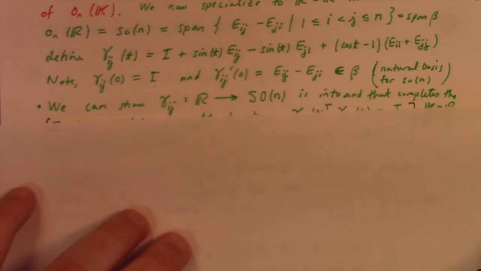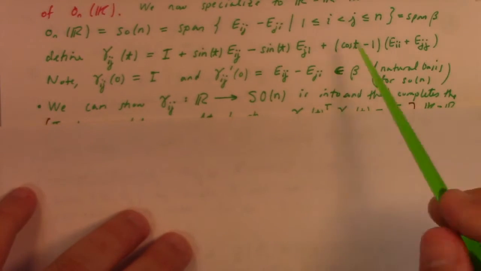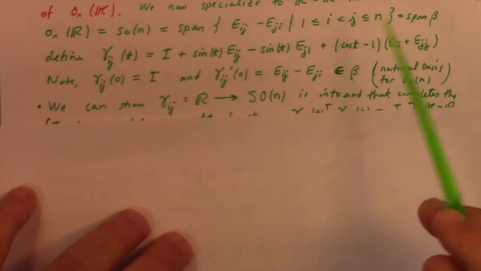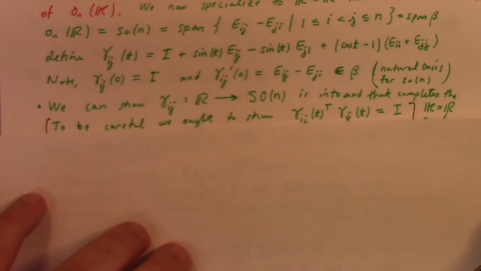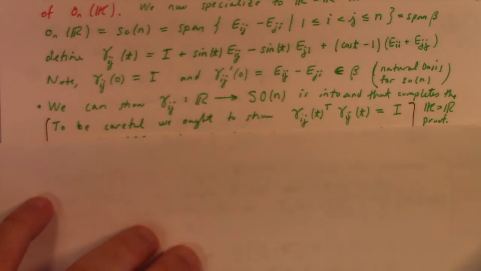SO(n), little so(n). And you can also show that this curve is in fact in SO(n). I leave that to you, but once you show that gamma ij transpose times gamma ij is equal to I, that shows that this curve is in fact a curve in SO(n), and consequently its initial velocity vector is a Lie algebra element in little so(n).